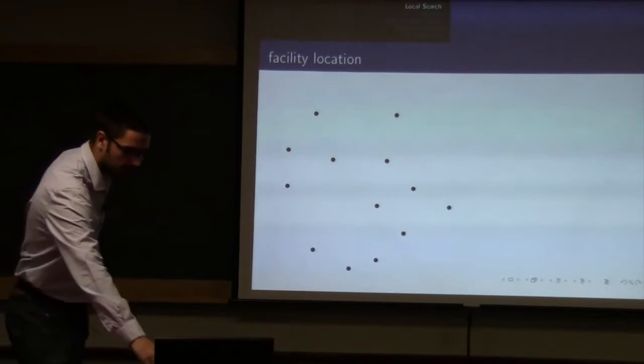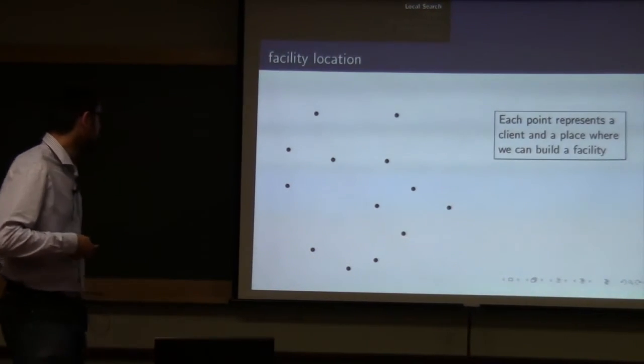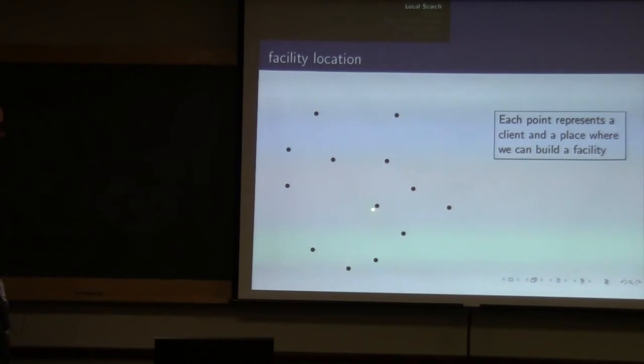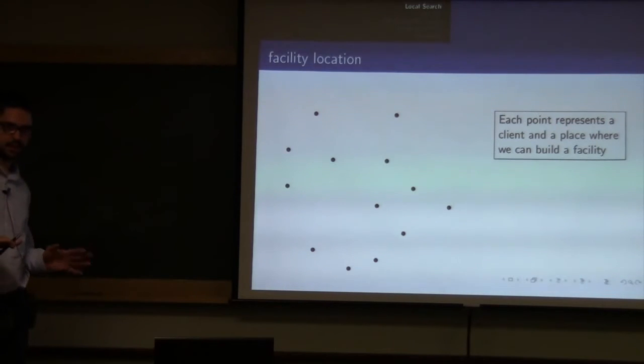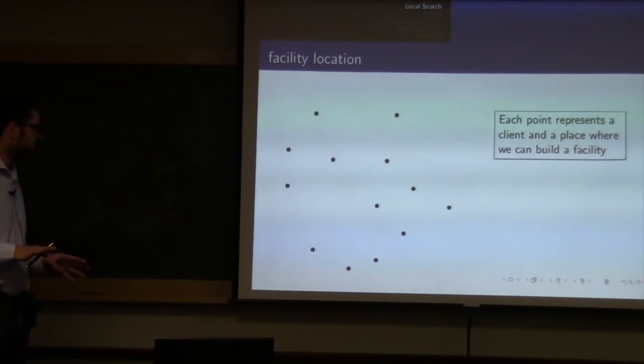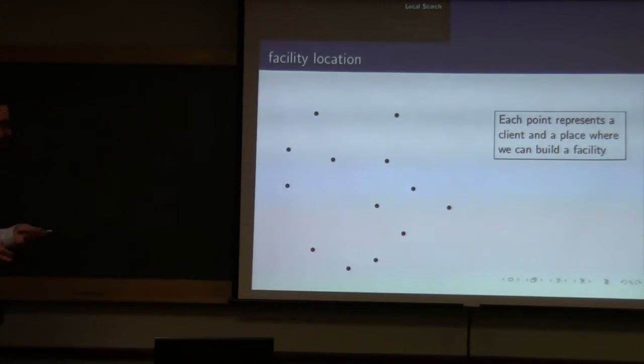Each of these points represents a place where we can build a facility, and also a place where the potential clients of this facility are. So now I'm going to give you the formal definition, but later on I will show you an example, and I think the example explains everything.